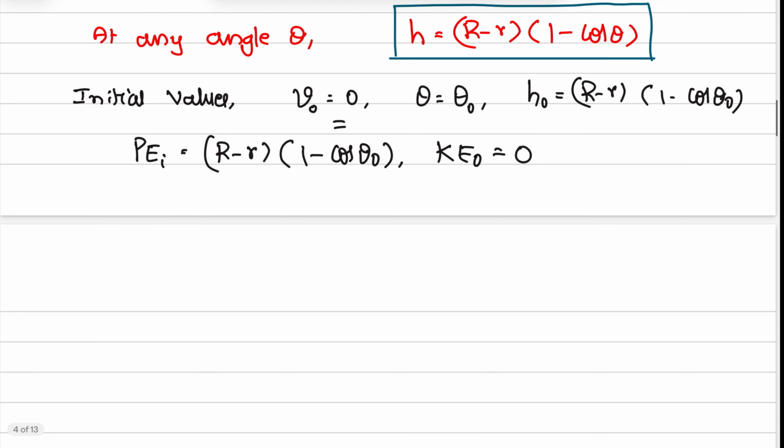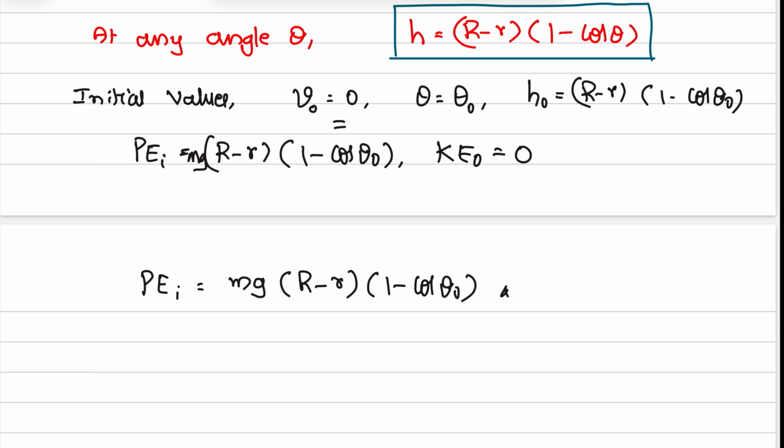Now, potential energy should be mgh. There should be some mg. That means initial potential energy is equal to mg into (R minus r) into (1 minus cos theta naught), and initial kinetic energy is equal to 0.